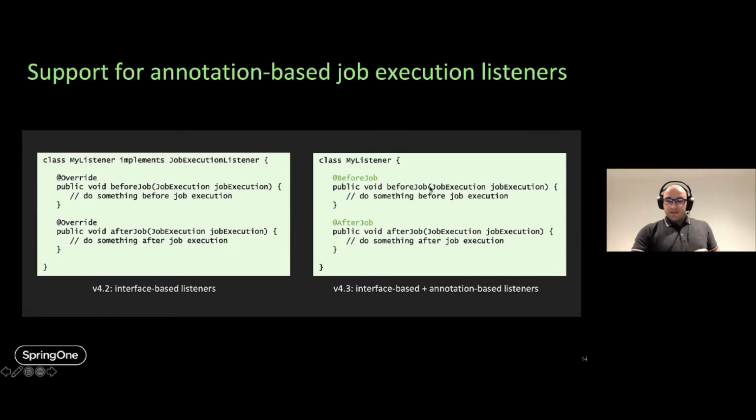So this is the expected signature, but at least you don't have to implement the interface anymore. So you can use this class as a job listener in your Spring Batch job. This is a bit similar to step listeners and chunk listeners, where it's already possible to use the annotations. And in this release, we added support for job listeners as well.